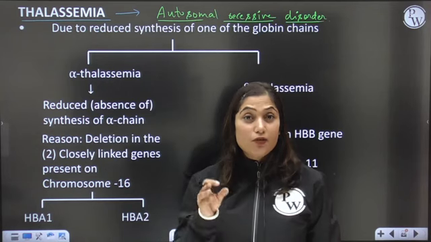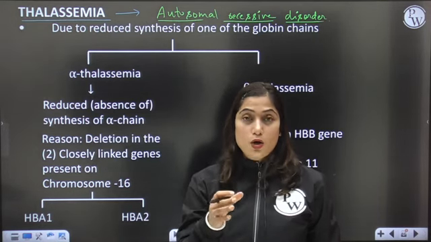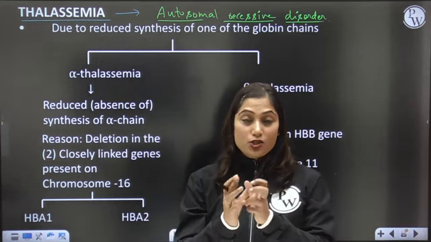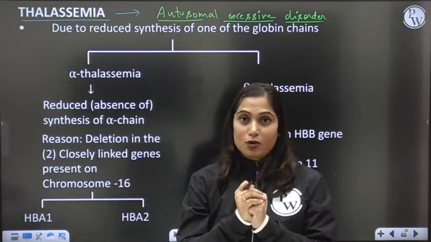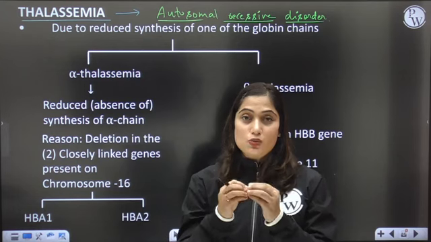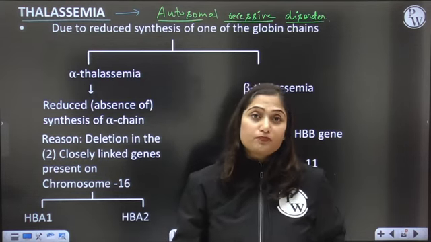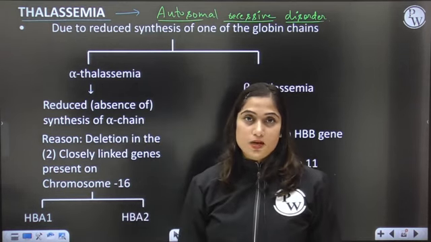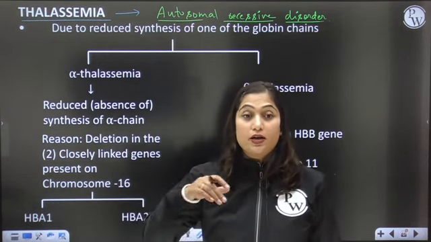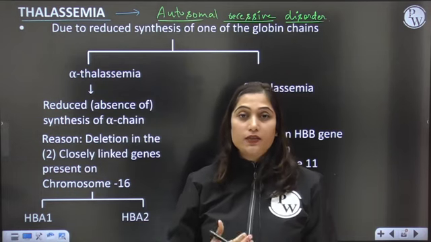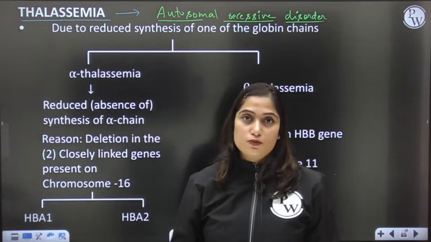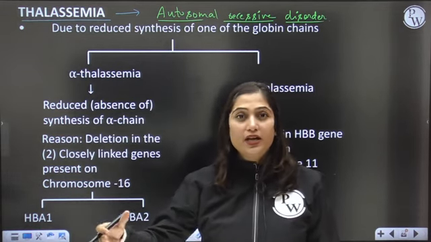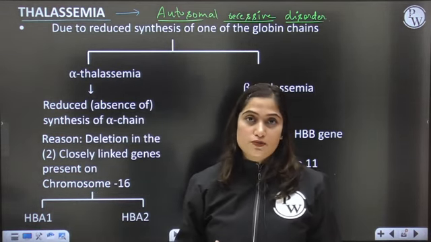Now think, if one of the chains is not formed or is formed in a very low quantity, the polymerization of alpha and beta chains will not be normal and the RBCs will rupture after a point of time, and this is called thalassemia. And the patients affected by thalassemia need a regular transfusion of blood. Regular. If it is severe, then every 20 days they need a blood transfusion.